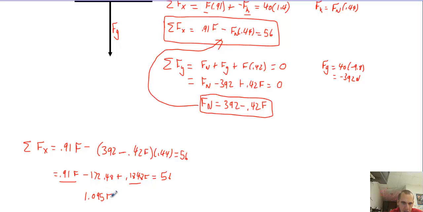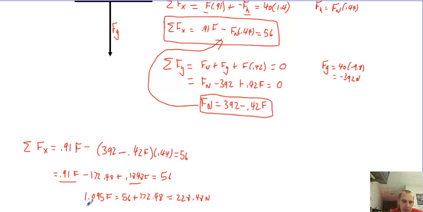1.095 F equals 56, and I'm going to add this over, plus 172.48. So 172.48 plus 56 equals 228.48 newtons.